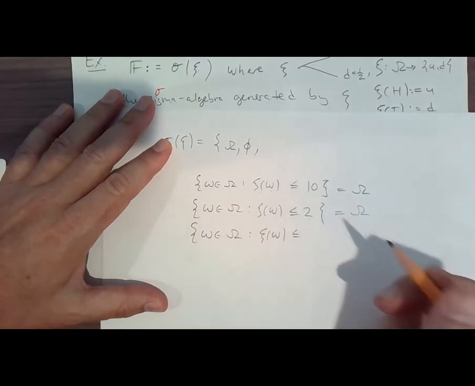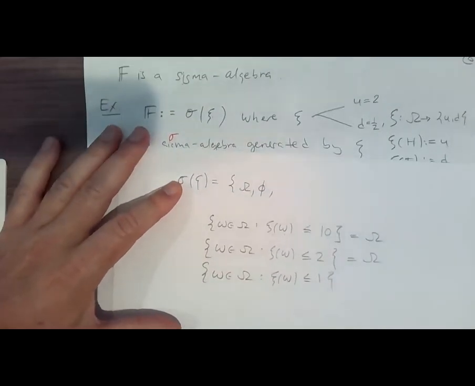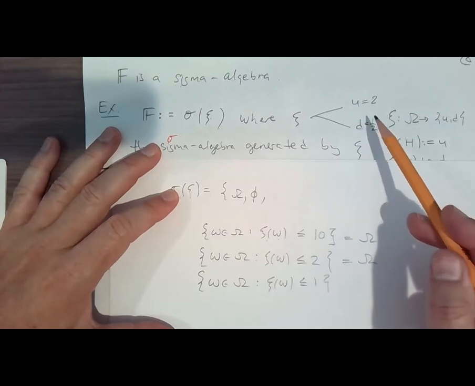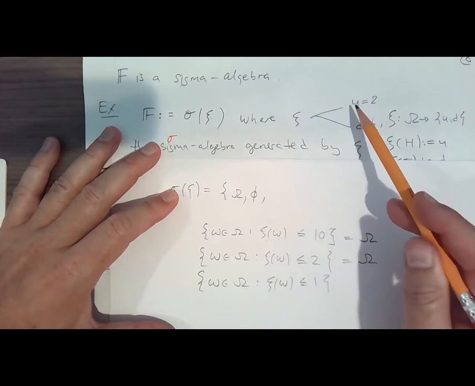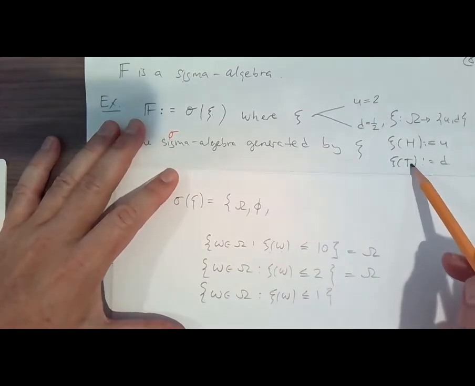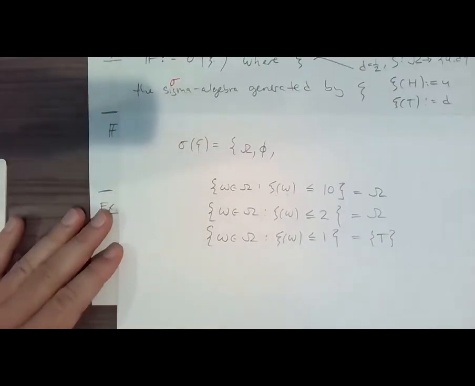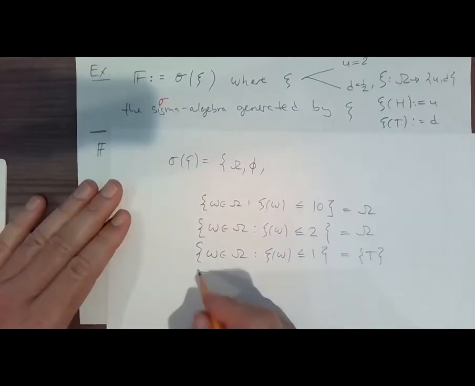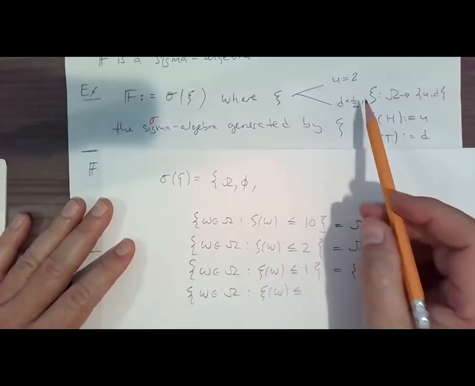So let me put in 1. Now, what omegas can I plug into psi to get a value which is less than or equal to 1? Well, now I cannot do the head one. I can only do the tail one. So this one here comes out to be t. And then I could continue. When do I get something next? A half.